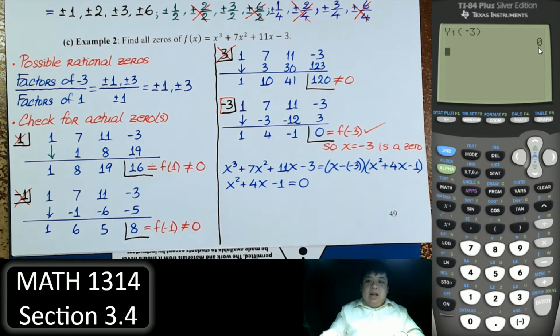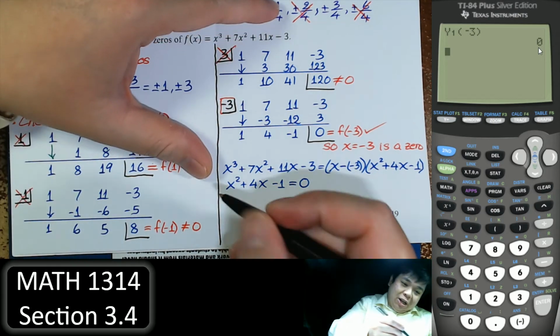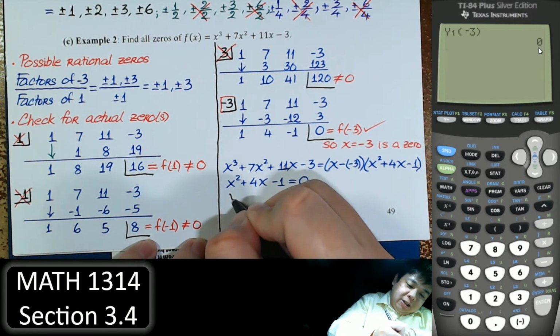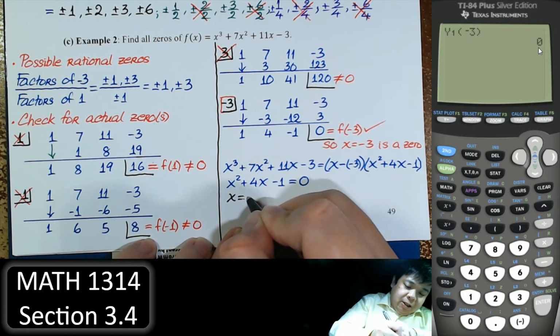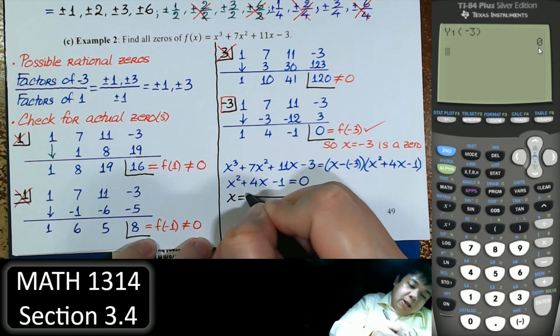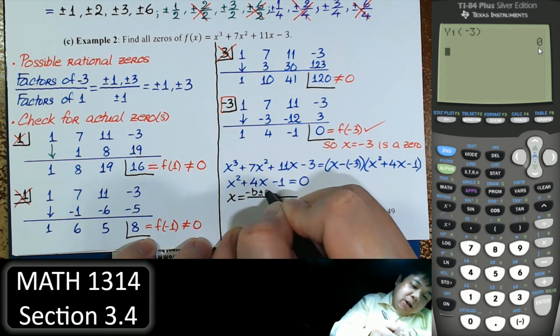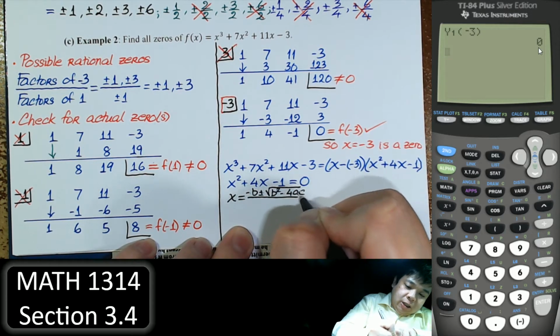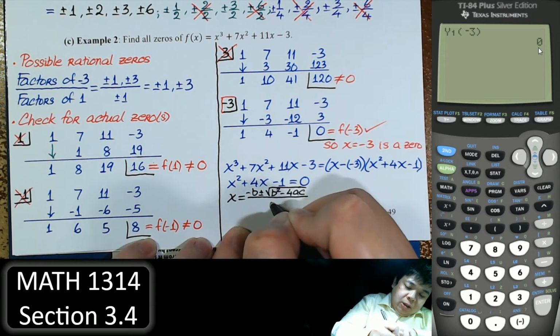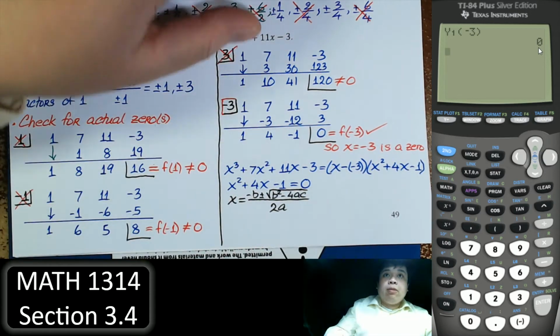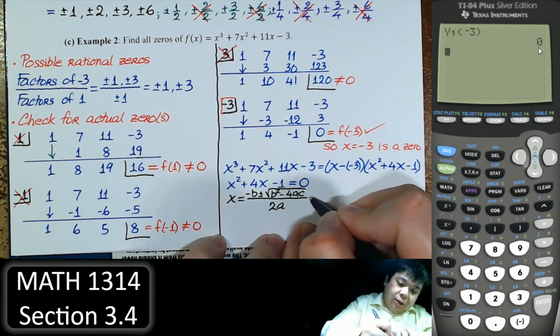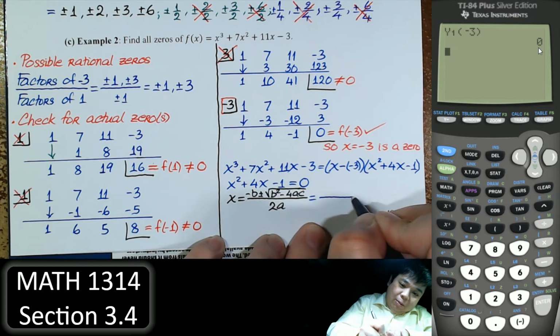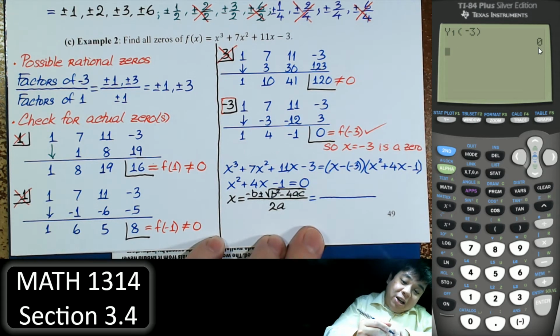And this is a quadratic equation, so that should be easy. Negative b plus or minus the square root of b squared minus 4ac over 2a. Right, sorry, I'm running out of space here.